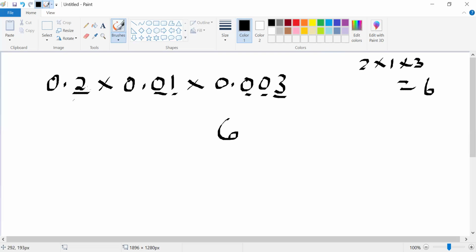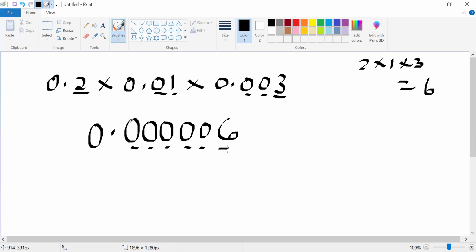So total 1 plus 2 plus 3, 6 decimal places are there. So here we have only 1 digit. How many zeros do we have to add in front? 5 zeros: 1, 2, 3, 4, 5. So after the decimal, we must have 6 digits. So this is how we will multiply decimals.